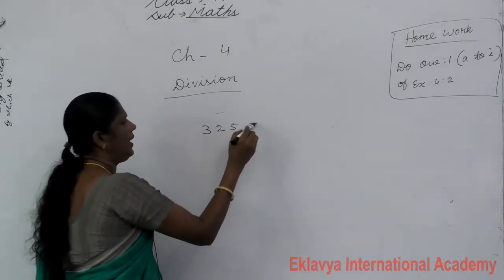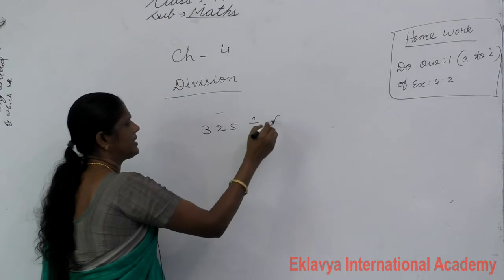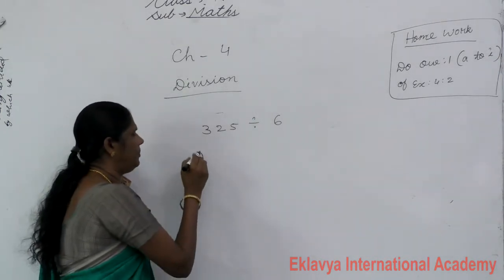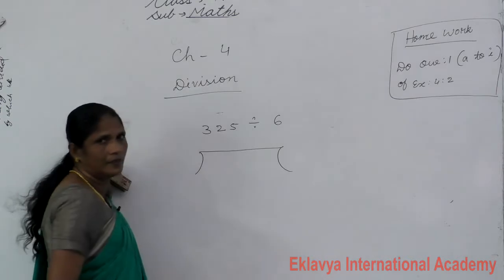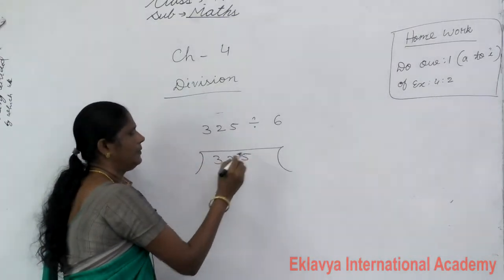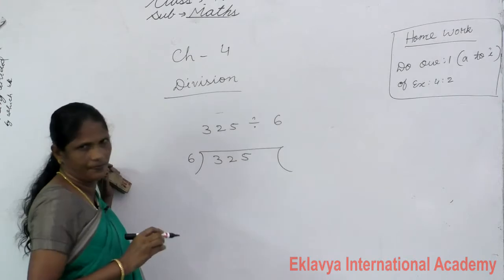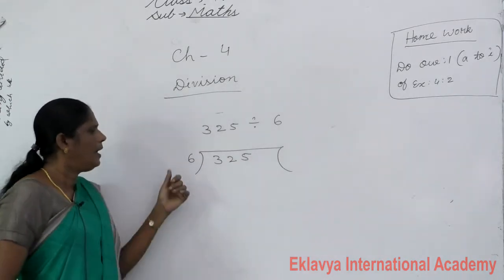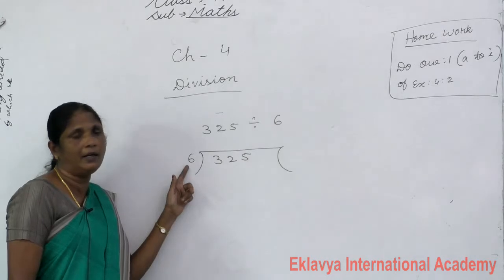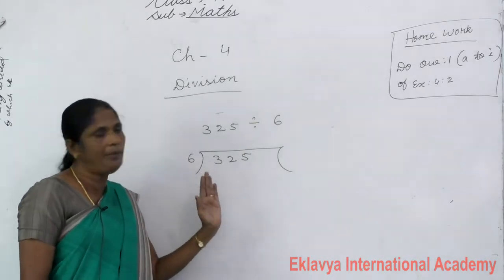325 divided by 6. Okay. First we divide this type. Then 325, then 6. First you look, 6 is greater, so you start with the bigger place.